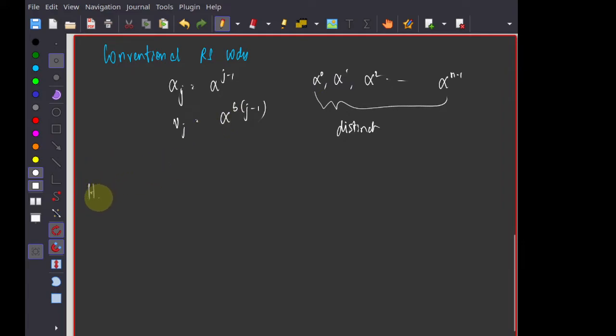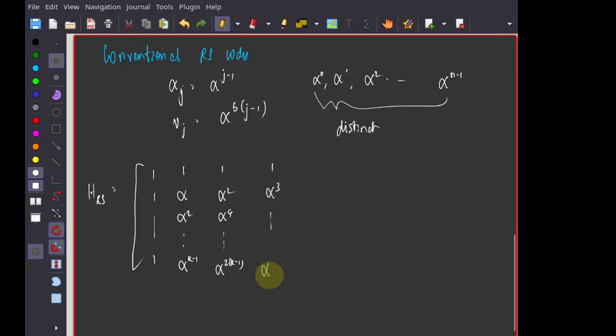So this is equal to, we start with 1, alpha power 0, 1, 1, 1, alpha squared, to alpha power k minus 1, alpha squared power 4, 2 times k minus 1, cube, goes on up to alpha n minus 1 to alpha power k minus 1 times alpha power b, sorry, 0.